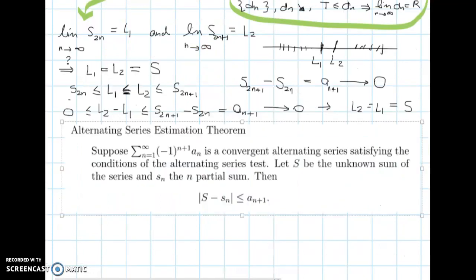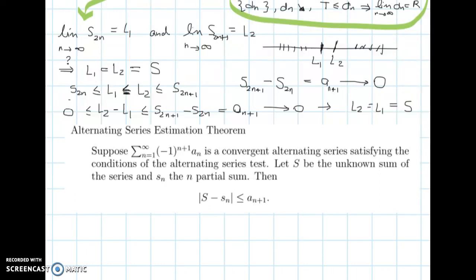Now, this is going to give us a very useful result, the alternating series estimation theorem, that is going to tell us that when we have an alternating series convergent because it satisfies the two conditions of the alternating series test, then we can estimate the sum of the series using the nth partial sum and knowing by how much we are making a mistake.